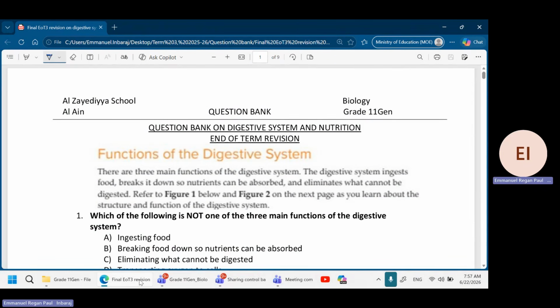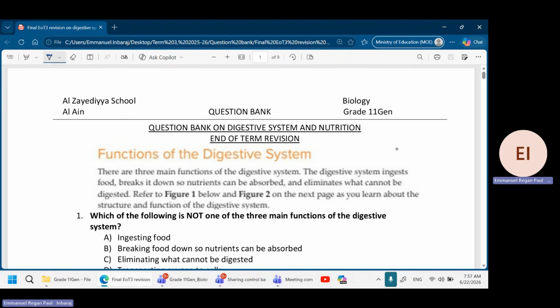Let's start, guys. For the term 3 exam, you have two chapters. One is the lesson on the digestive system, and the second lesson will be the endocrine system. Today we are going to talk about the digestive system and nutrition. Now I want you to turn to page number 28 in your textbook.